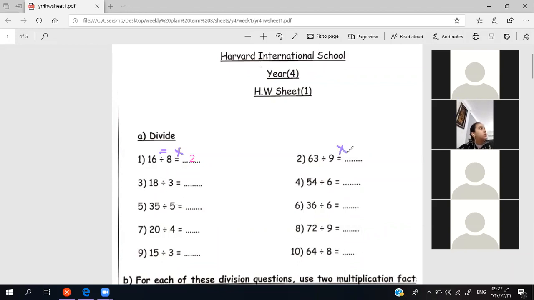I'll make the signs here and the equals here. So my answer is going to be, it's very easy, I know timetable 9. So my answer is going to be 7.